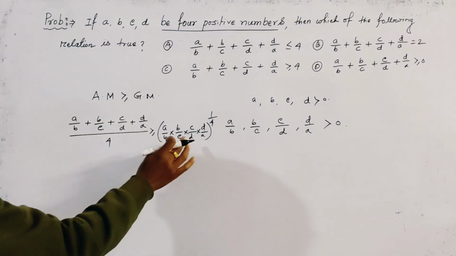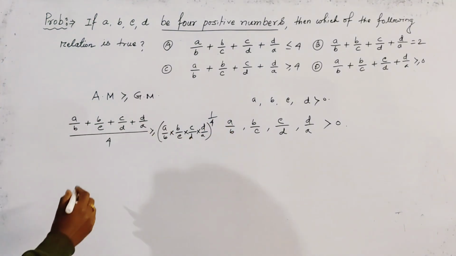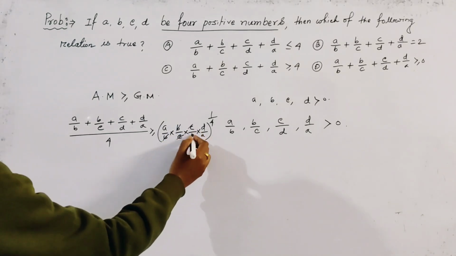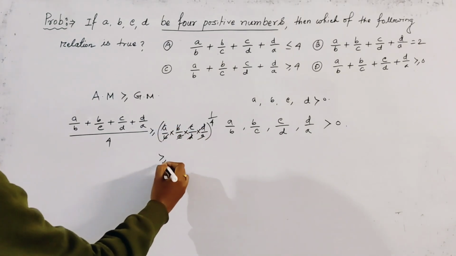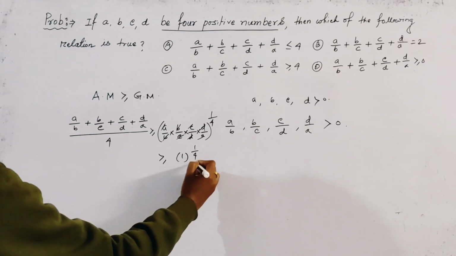This is the AM and this is the GM, right? Clearly these cancel out, so we get 1 to the power 1/4.